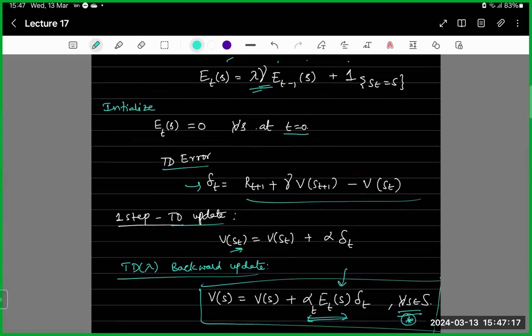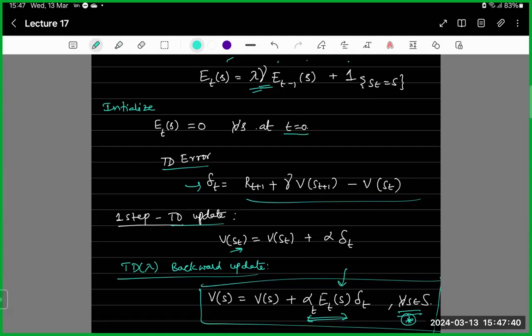So you maintain a separate eligibility trace for every pair s comma a. Whenever you visit that pair, you increase its eligibility trace by 1, and it will keep decreasing as time goes by, by a factor of lambda gamma. So that's the main difference.